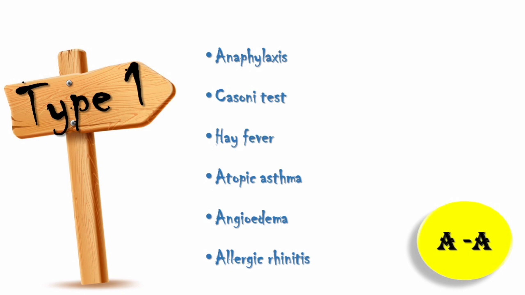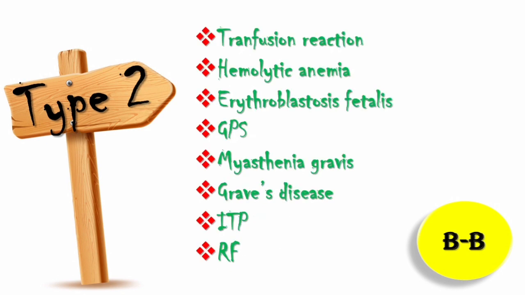Next comes type 2 or type B. This is also called cytotoxic or cytolytic reaction because this is antibody mediated. So you can remember like this: A for anaphylaxis and B for body, which is antibody mediated or cytotoxic cytolytic reaction.